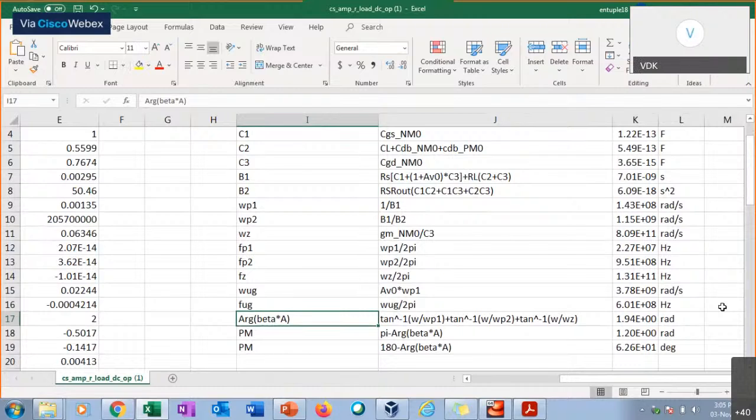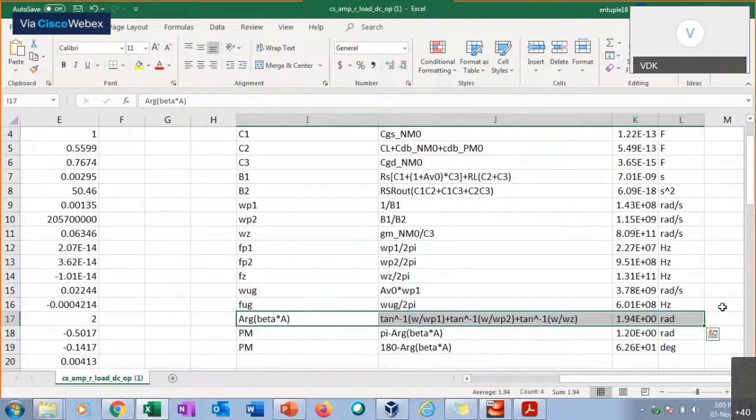And then we can also compute the phase of the gain. This is the loop gain phase we are calculating here in terms of that expression. If you write the expression for the angle generated by the gain of the amplifier, assuming that if I use this amplifier in a negative feedback system the feedback factor is purely resistive, then I get the argument of beta A simply as the argument of A from this transfer function.